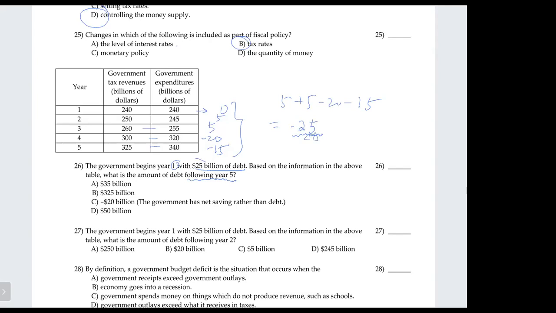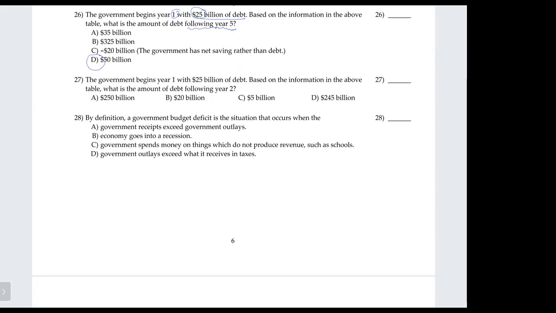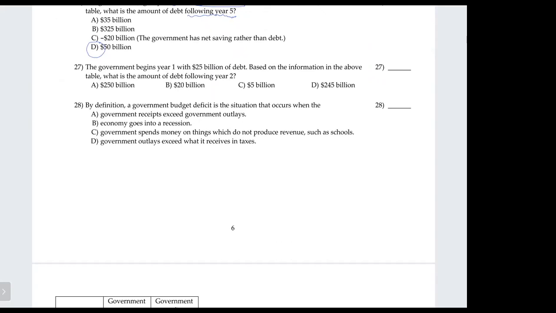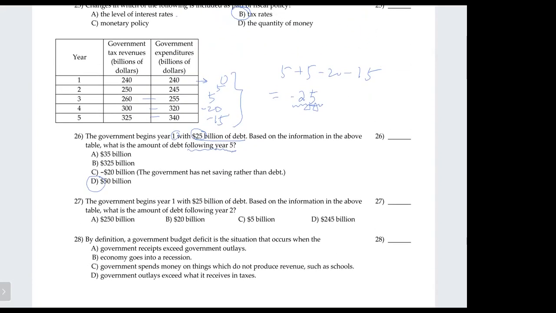With the original 25 billion, you're now going to have 50 billion of government debt. Now 27, the government begins year 1 with 25. Oh, okay, so that's the same question, right? After year 1.